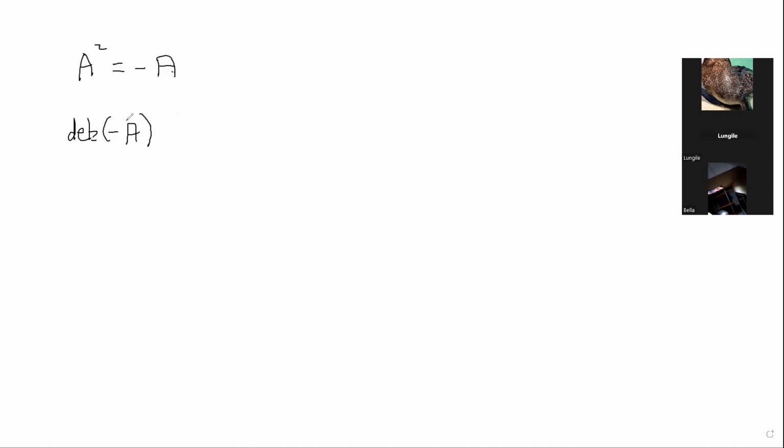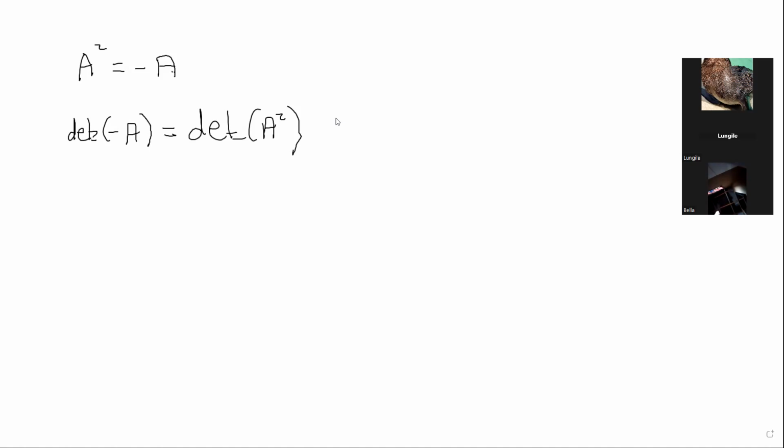You know that the determinant of -A must be equal to the determinant of A squared, because these two are equal, right? But the one on the left-hand side, we know it's going to be... but they didn't give us enough information. Let me check. They also give us that it's singular.